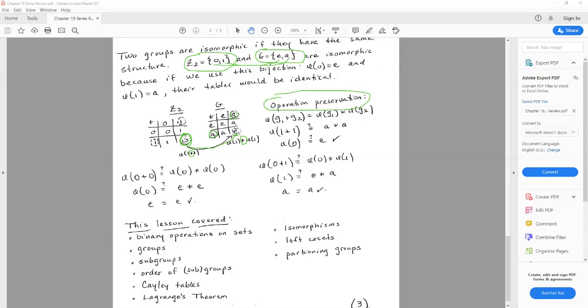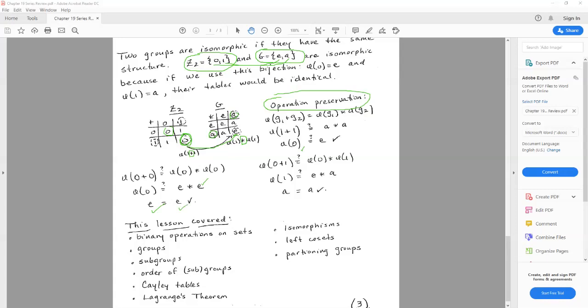And again, that gives us e. So that checks. And if you look at phi of 0 plus 0, 0 plus 0 is 0. And notice that phi of 0 times phi of 0 is equivalent to e times e. And we see that both of those are true.